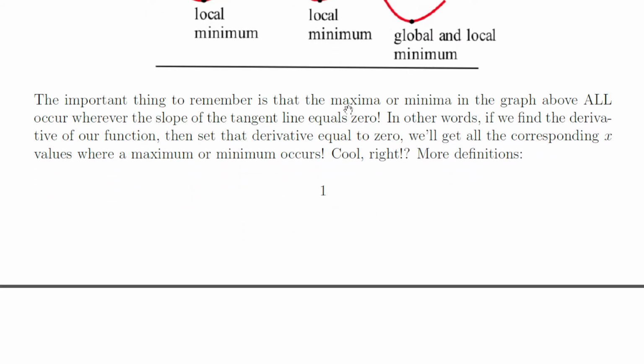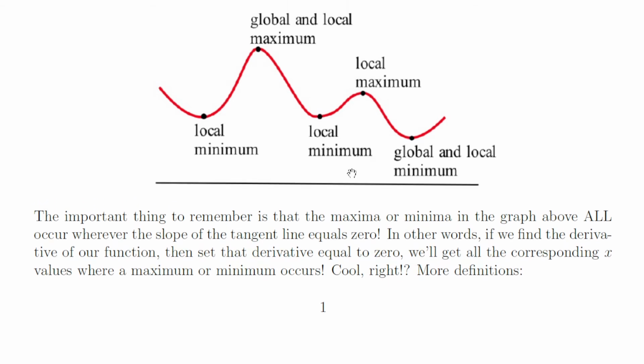So, important thing to remember, how do we figure out where we can get minimums and maximums using derivatives? Well, if you think about a derivative, we've talked about this before, how the derivative can mean a couple of different things. It's velocity, or the instantaneous rate of change, or the slope of the tangent line. I'm going to focus on that last one here real quick, the slope of the tangent line.